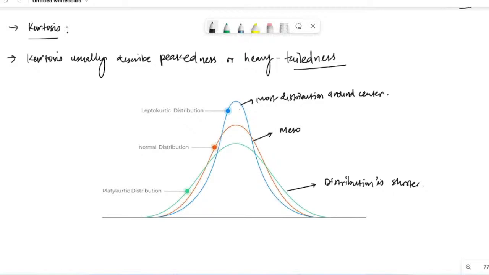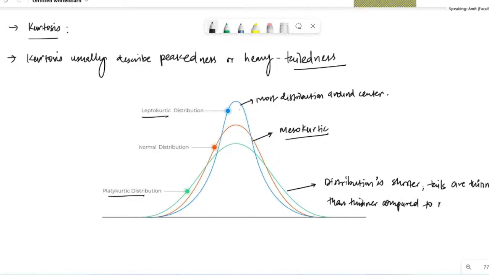The normal distribution has a name, mesokurtic. Mesokurtic, leptokurtic, and platykurtic. The platykurtic will have a distribution whose height is shorter, and the tails are thinner compared to mesokurtic, or the normal distribution.